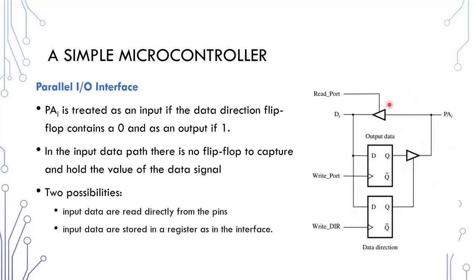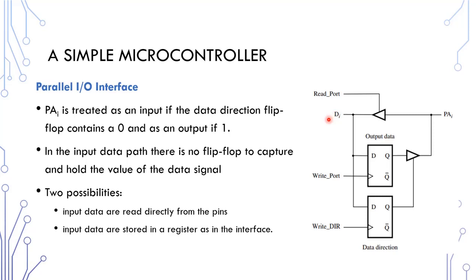The figure given in this slide illustrates a bidirectional control of 1 bit of port A. Here the port pin PA1 is treated as an input if the data direction flip-flop contains 0. In this case, the activation of the control signal is the read port, and its logic value on the port pin points to the data in line D1 of the processor bus.